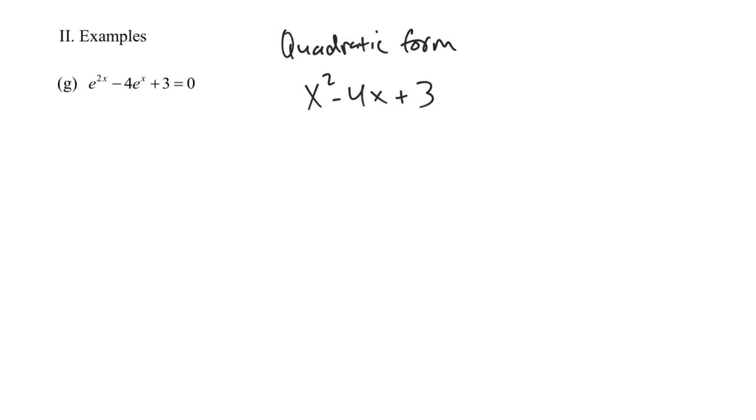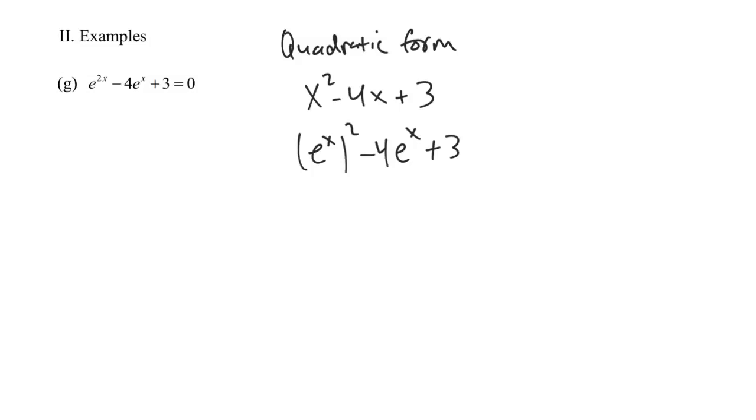Because notice, this first term is e to the x, it's just squared. You could say this is e to the x squared, and then minus 4 e to the x plus 3. And so this is exactly the same equation as the quadratic x squared minus 4x plus 3. It's just that x has been replaced with e to the x.